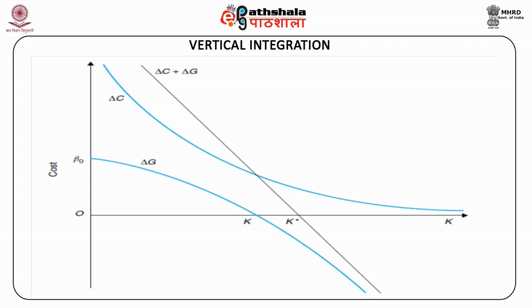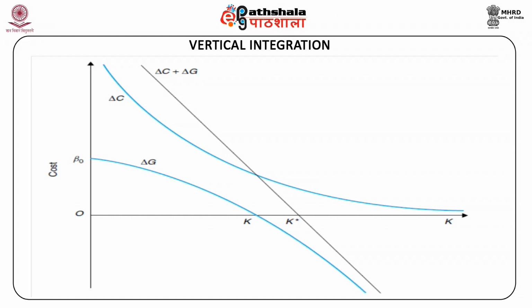The curve delta C plus delta G is the vertical summation of delta G and delta C. It represents the production and exchange costs under vertical integration minus the production and exchange costs under market exchange. Thus, when the curve is positive, market exchange is preferred to vertical integration. The firm will lie between O and K star.